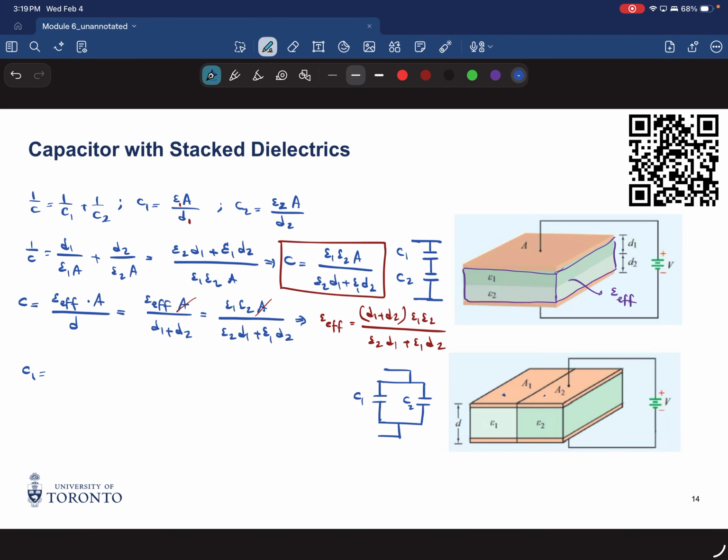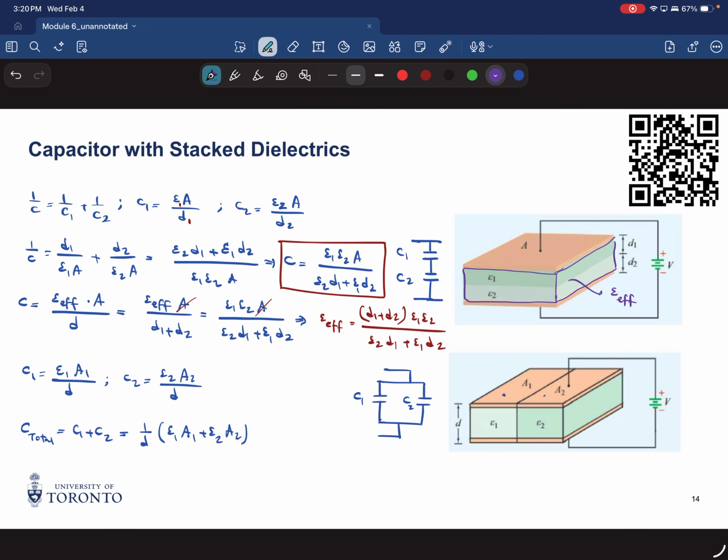C1 is epsilon 1 A1 over D, and C2 is epsilon 2 A2 over D. The total C is C1 plus C2 because they are in parallel, so it's 1 over D times epsilon 1 A1 plus epsilon 2 A2.